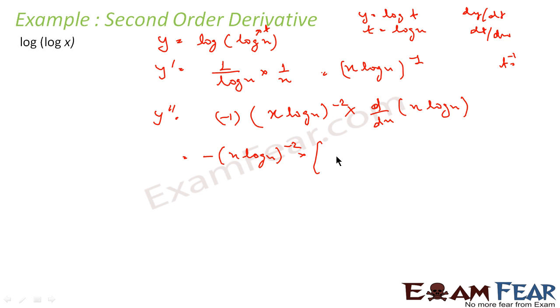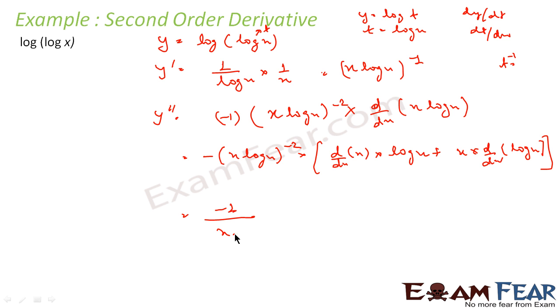So d by dx of x into log x, plus you take x constant into d by dx of log x. Correct? Product rule. And this is nothing but minus 1 by x log x squared.